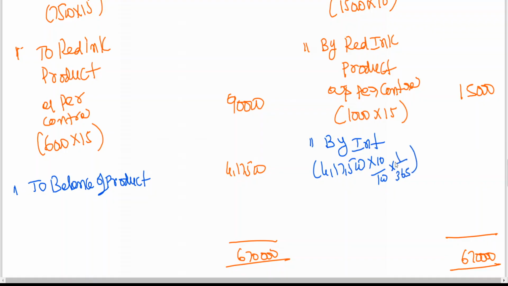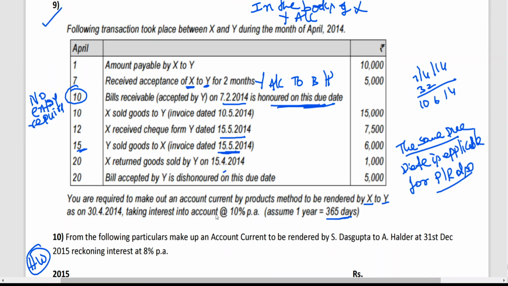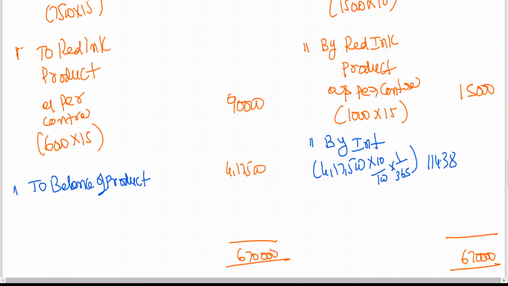You are getting interest of 114 point. If he is not asking to round off rupee, you should not round off rupee. You can write fraction also. I think problem is that he is not given to nearest rupee. So we got 114.38. Now we need to see which side amount is showing more.